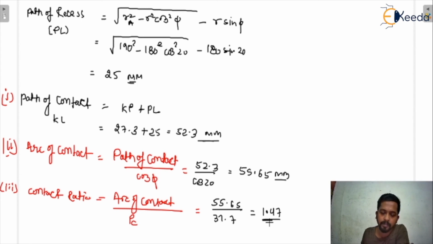These are generally conventional type questions asked in engineering services examinations. In the GATE examination, they can directly ask you to find the arc of contact or the contact ratio. They will not ask you to find all of them together. This is just for practicing the number of questions.